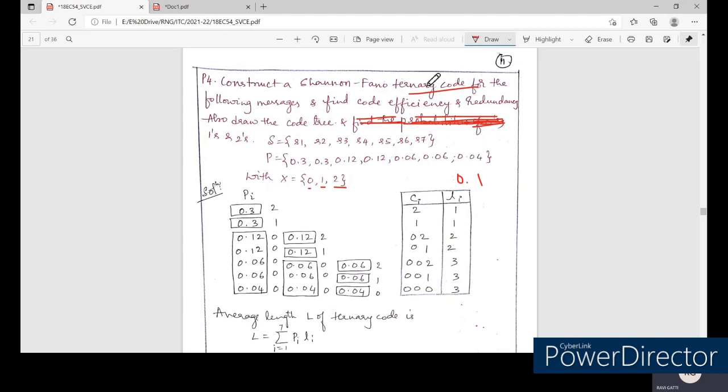Since they have asked for the ternary code, we need to divide them into 3 divisions, and for each division we will assign the code digits 0, 1 and 2.